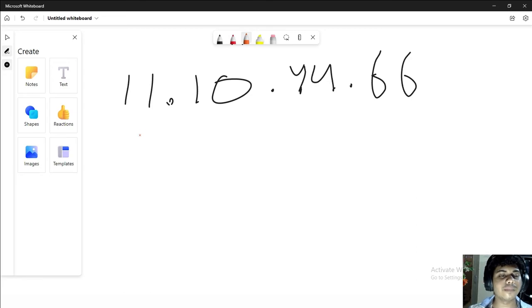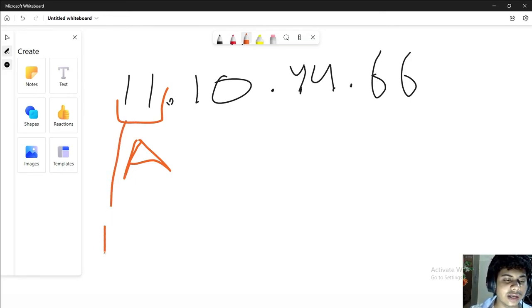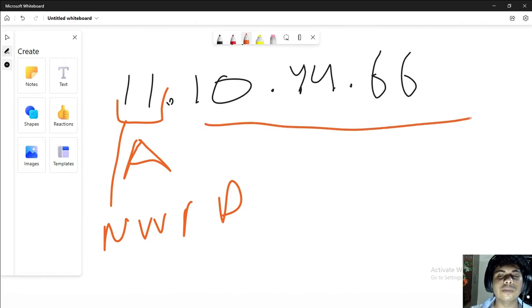Now I am calculating the subnet mask of this address. What will be the subnet mask? First I have to check the class of this IP address. This IP address is class A because, as you can see, it starts from 11, which means it belongs to class A, and it has only one network ID, and the rest of them are host ID.